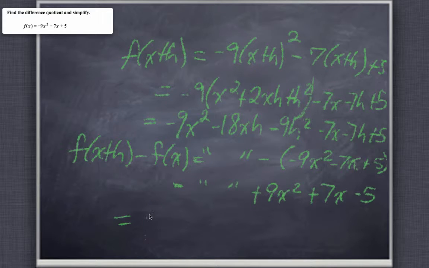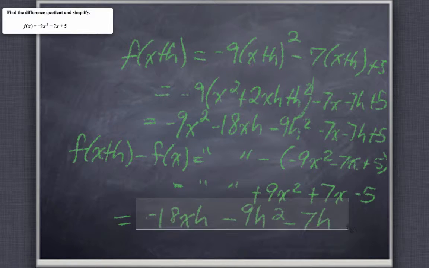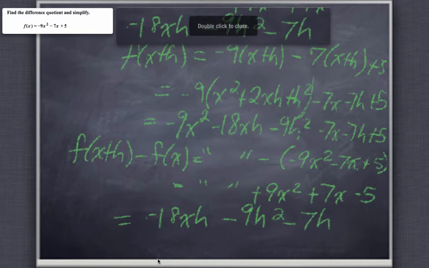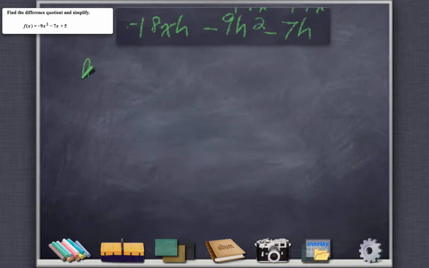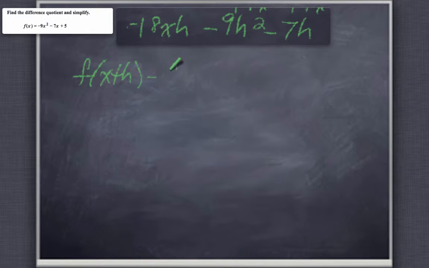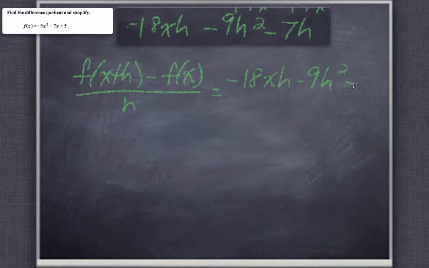So this equals negative 18xh minus 9h squared minus 7h, so this is our numerator. Because in the end I really want f of x plus h minus f of x over h. So negative 18xh minus 9h squared minus 7h over h.